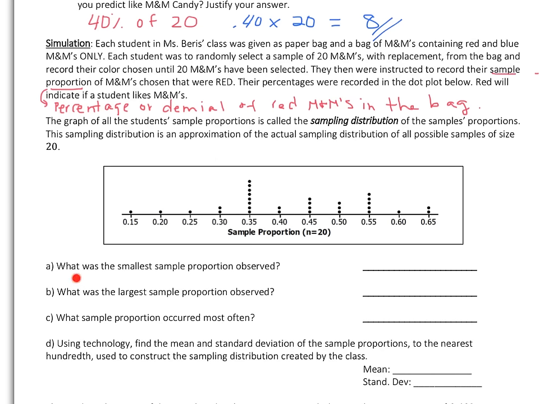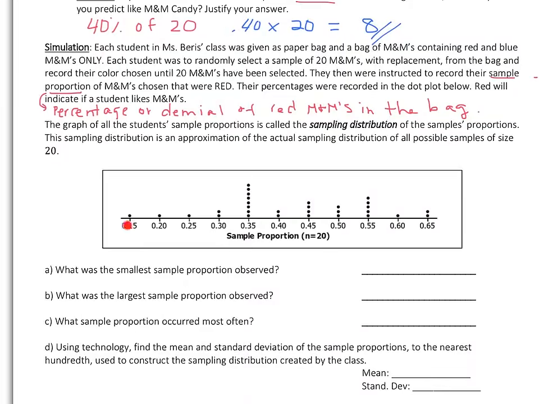So part A, what was the smallest sample proportion observed? So if you look at the dot plot, you'll see right here is about 0.15 or 15% was the smallest sample proportion. How about part B? What was the largest sample proportion? So you should see here 0.65 or about 65%. And part C is what sample proportion occurred the most. So you just want to look for the one that has the most dots.